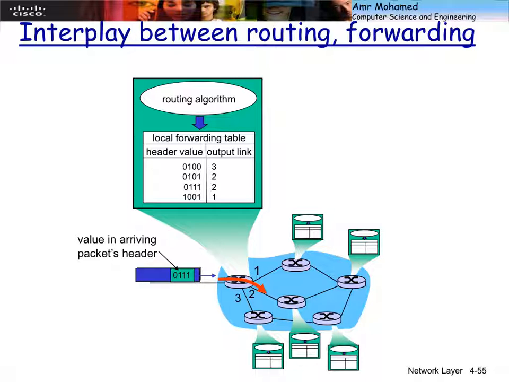So if this router sends the distance of all the networks connected to it to this router, it will say, okay, I will accumulate the distance of this network to what I have before I send it to the one next to it.